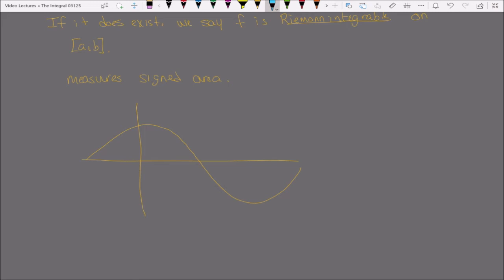The Riemann integral over this interval is a signed area. So this area here would be a positive area. This area down here would be a negative area. And if these two areas happen to be the same, the magnitudes anyway would be the same, then the Riemann integral total would be 0.